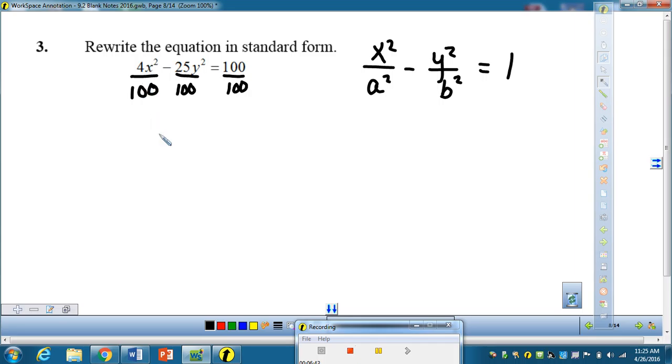So this first part here, that 4 100ths, is going to simplify to 1/25. So we get x squared over 25. 25 100ths simplifies to 1/4, so we get y squared over 4, and all of that is equal to 1. Now that it's in the standard form, we can more easily make a graph.